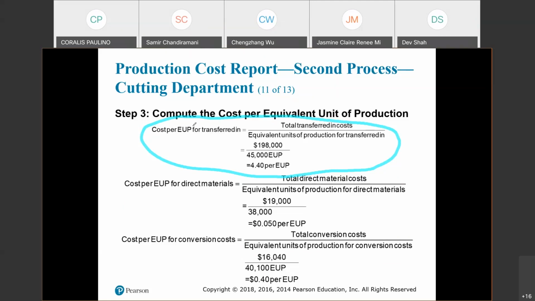Well, for the other two sources, direct materials and conversion costs are newly added in the subsequent department, or the second department.